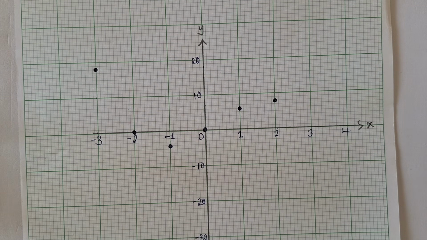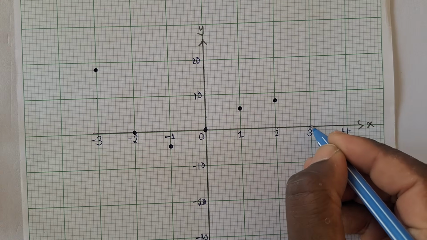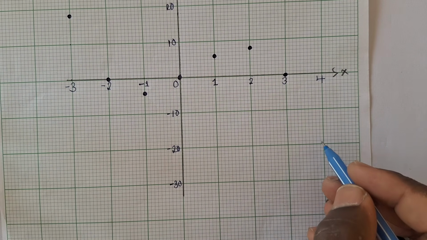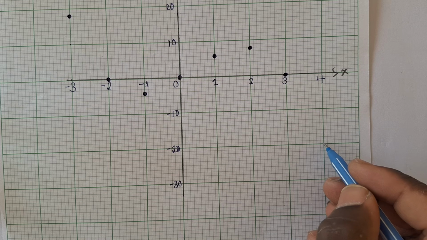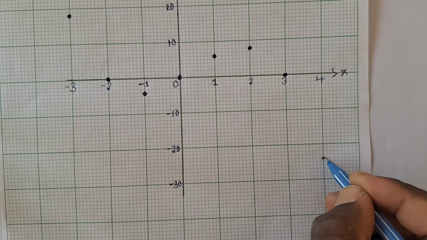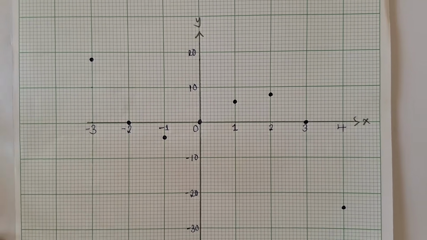Okay. Second from last, we've got 3, 0. It's passing at 0. And the last point is 4, negative 24. 20 is right here. So 21, 22, 23, and 24. It's right here. Okay. So now we can join.